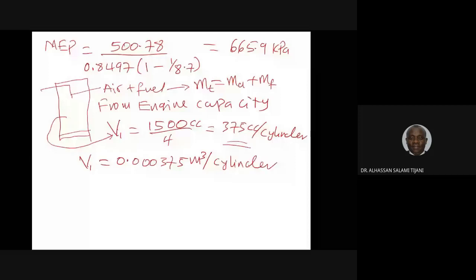Okay, it's very important. So the total mass in the cylinder, MT, equals absolute volume V1 divided by specific volume v1. All right, so that is it.